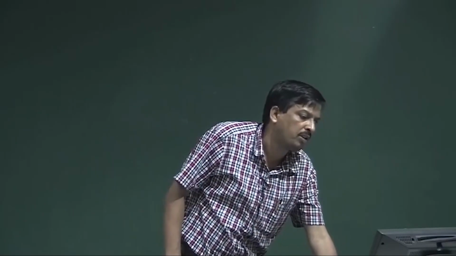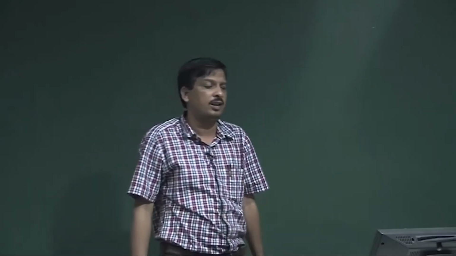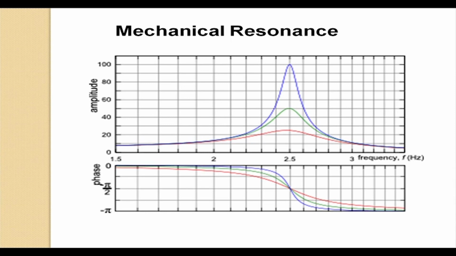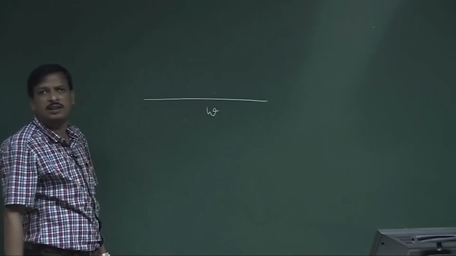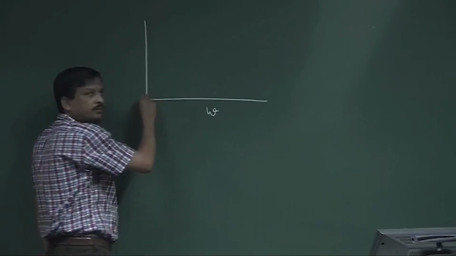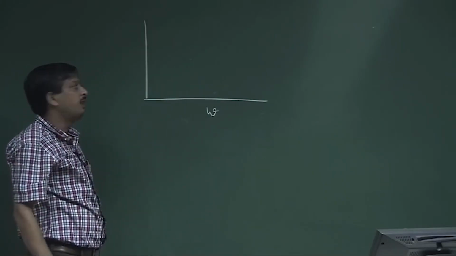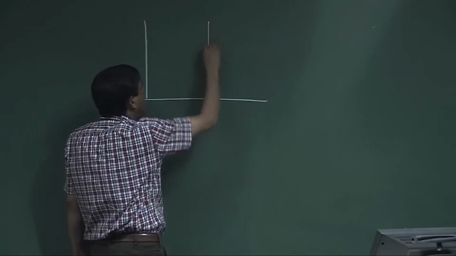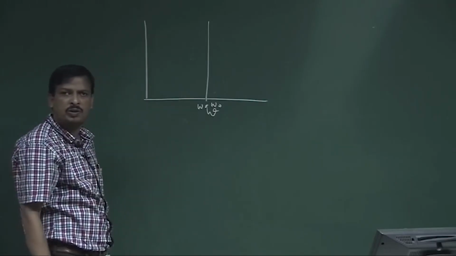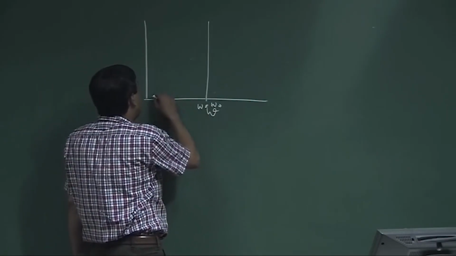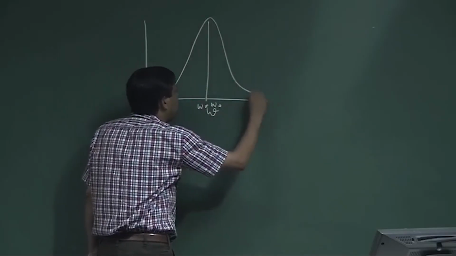Now, if I draw the maximum power transfer curve, you can see the curve in the PowerPoint. This axis is omega, and this axis is the power. The maximum power transfer will happen at omega equal to omega 0, and away from omega 0 I get this kind of curve.